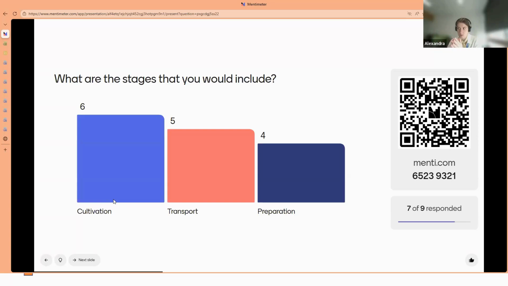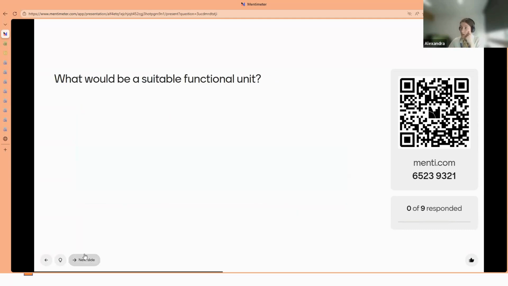There's not one right answer in this case because we don't have enough information as well. So it's okay if you have different opinions.